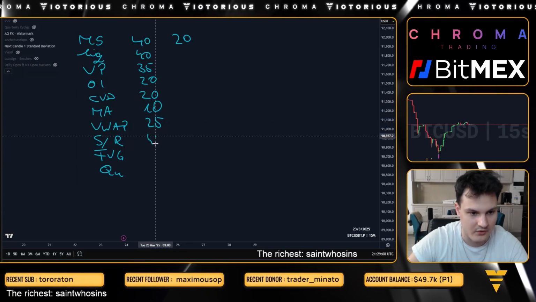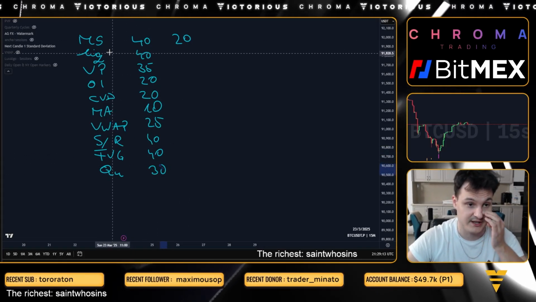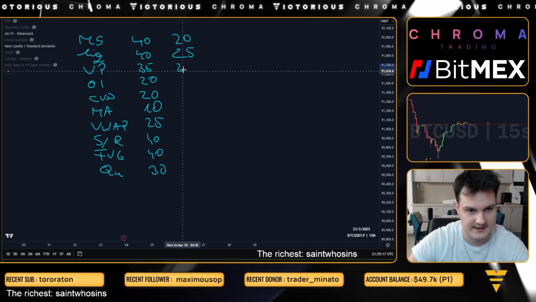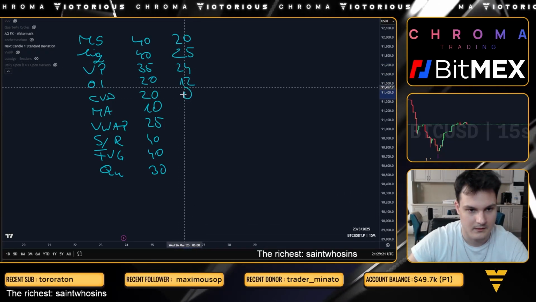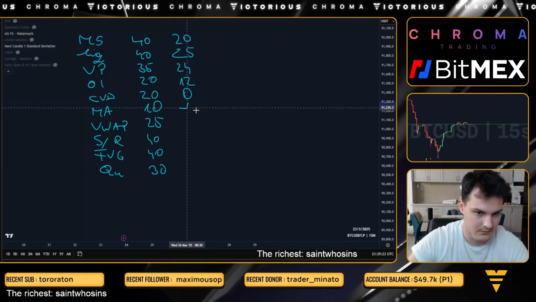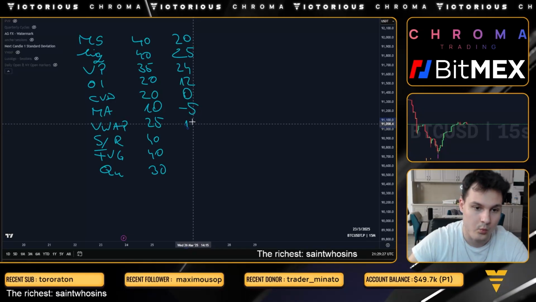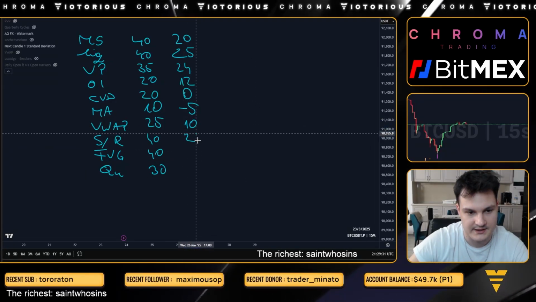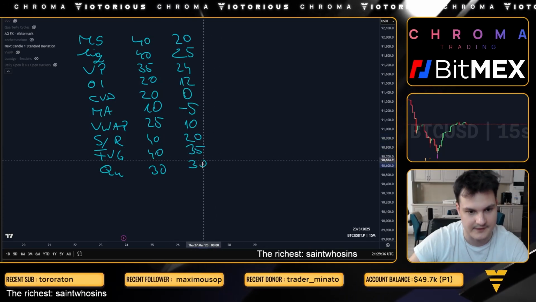Basically you put the number of trades in which you use these components and you measure the results. So let's say you have these results. VWAP, let's say 10, support and resistance 20, FVGs 35, and quarterly cycles 30.